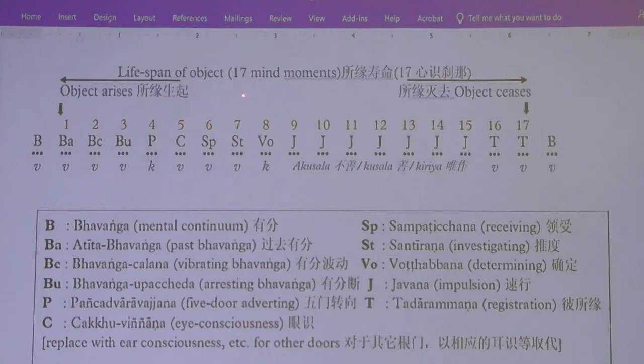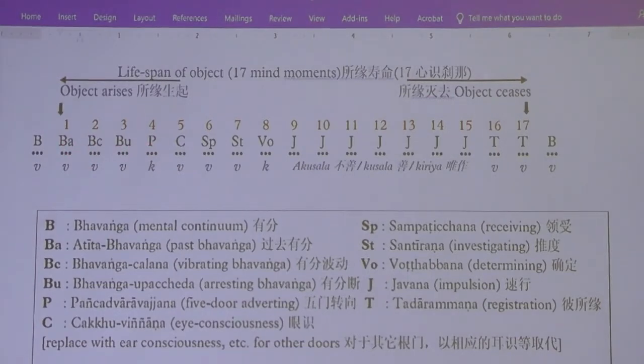For the Arahat, for example, an Arahat also takes the Buddha image. For example, Bhante Sariputta always went to do service for the Buddha. He is seeing the Buddha. At that moment also the same arises: Bhavanga, Chalana, Upacheda, these 3 Bhavanga.